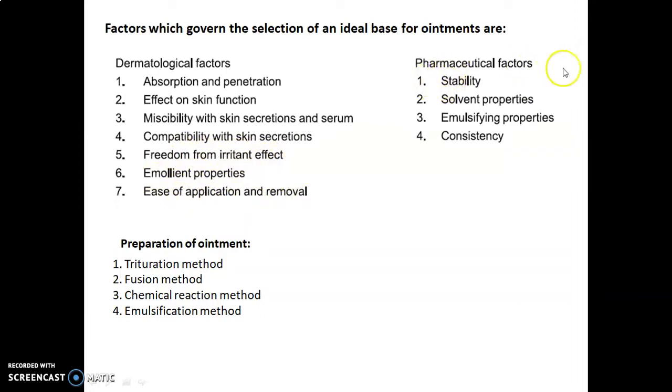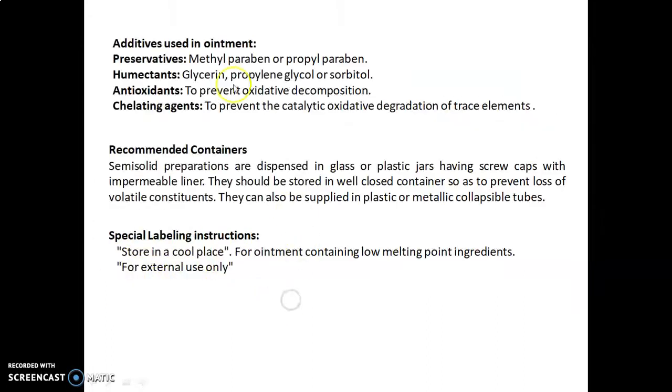Pharmaceutical factors have four points: stability, solvent properties, emulsifying properties and consistency. For preparation of ointment, there are four methods: trituration method, fusion method, chemical reaction method and the emulsification method.